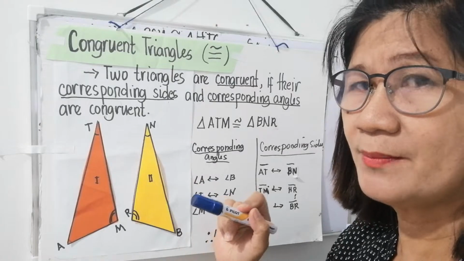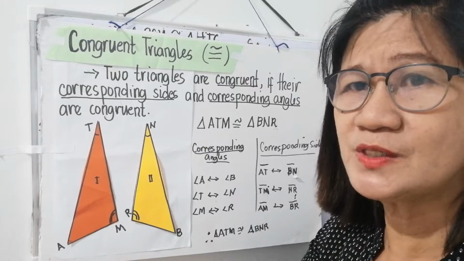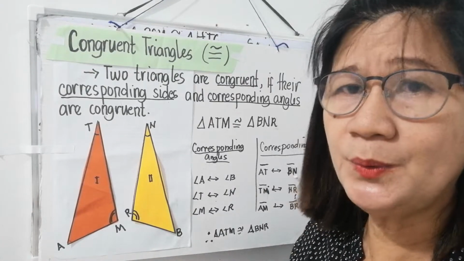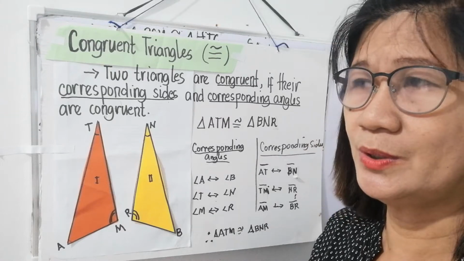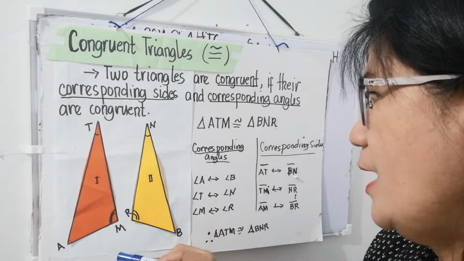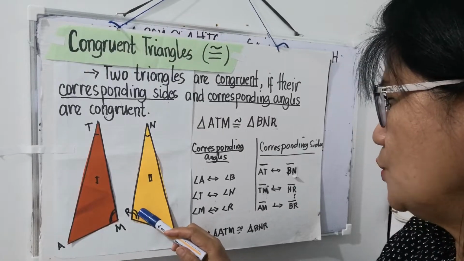Kahit na hindi tayo gagamit ng protractor. Parang, you have to match their corresponding parts in order to know whether they are congruent or not. So, let's continue. The last angle is M. Angle M corresponds to angle R.